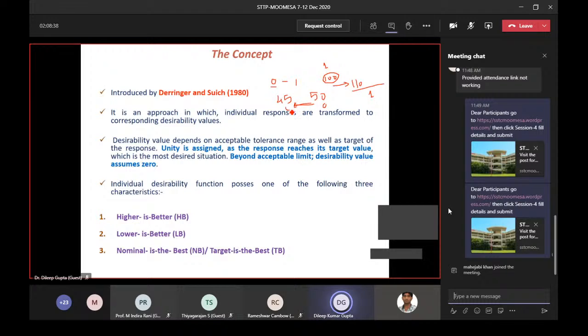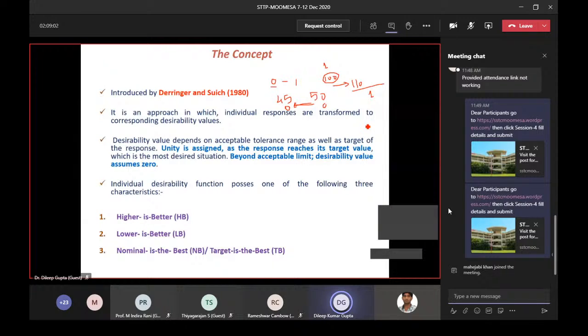So even if it is getting 45, it will be considered as 0. So if we are normalizing the table from 0 to 1, and the value is within the range we have fixed, the desirability range of 50 to 100, if the value is going beyond 100, it will be considered 1. If the value is going below the minimum, that is 50, then it is considered 0. Right?